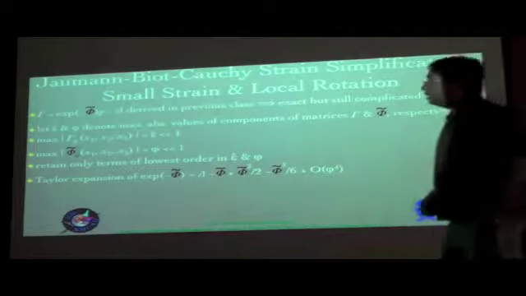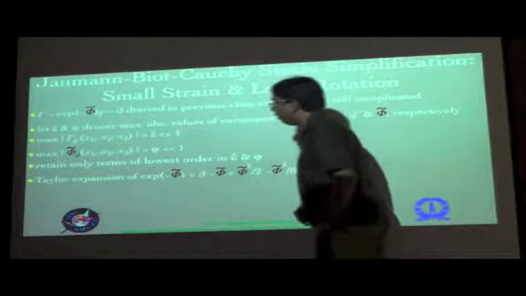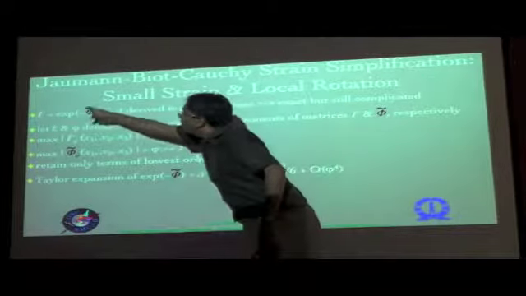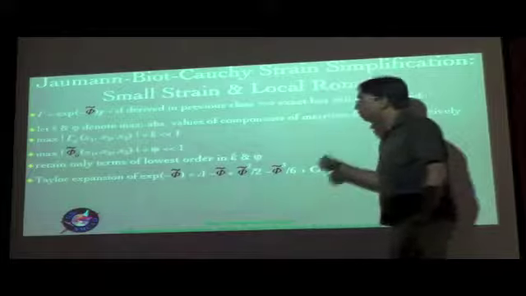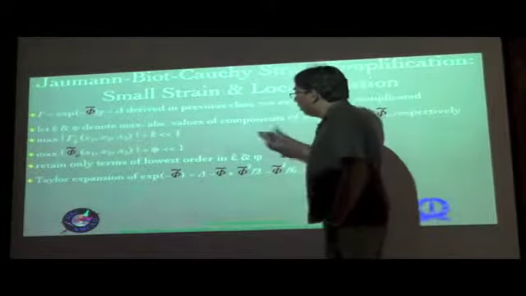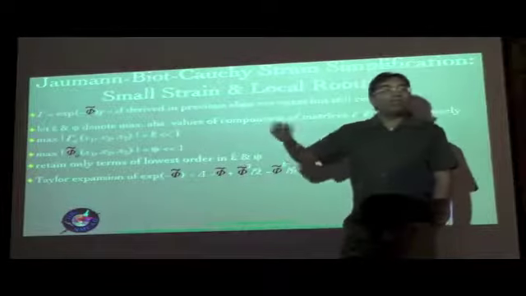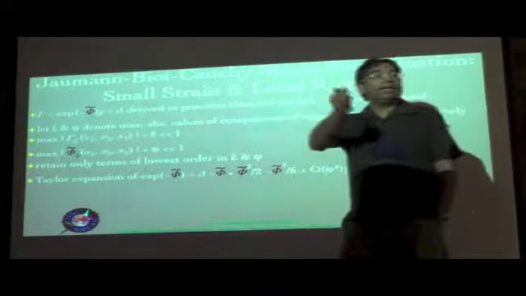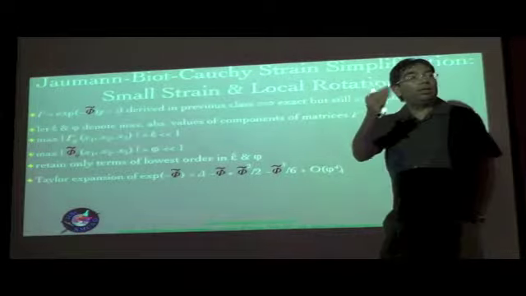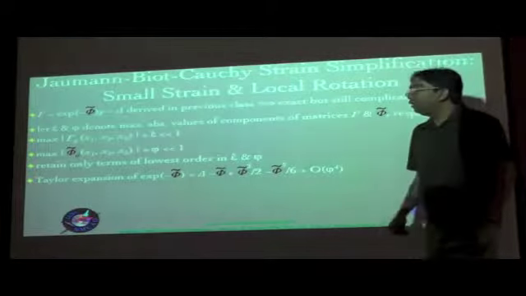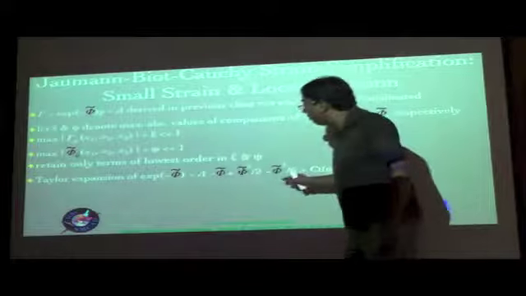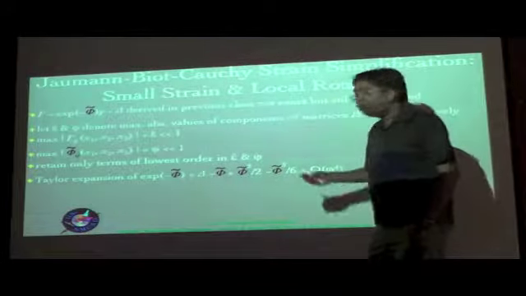So now let's say we have a Taylor's expansion of the exponential term here in this definition. So if you have exponential of minus p tilde, just like the exponential of any scalar quantity, it involves, for example, exponential of x would be 1 plus x plus x squared by 2 plus x cubed by 6, etc. So x to the power n divided by n factorial, where summation from n equal to 1 to infinity, rather n equal to 0 to infinity.